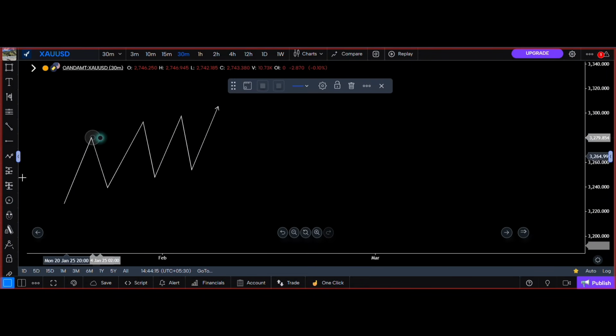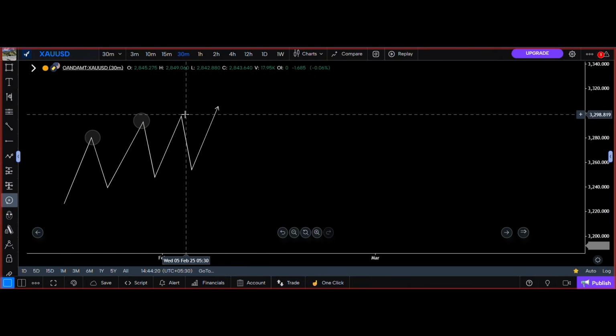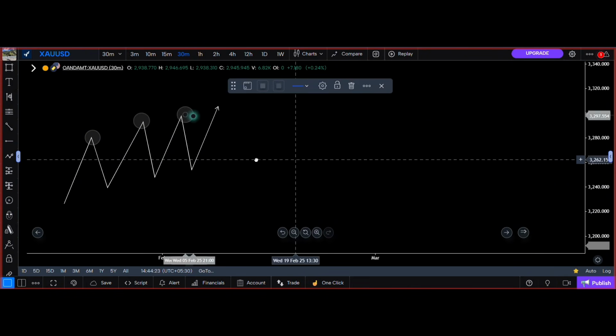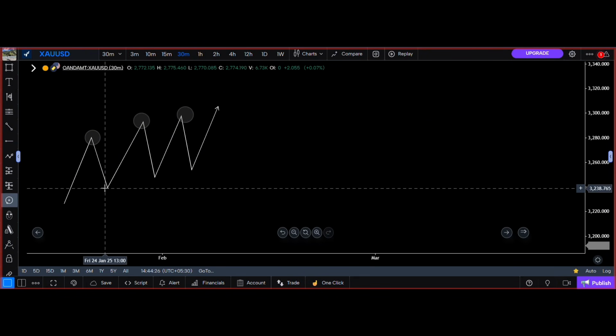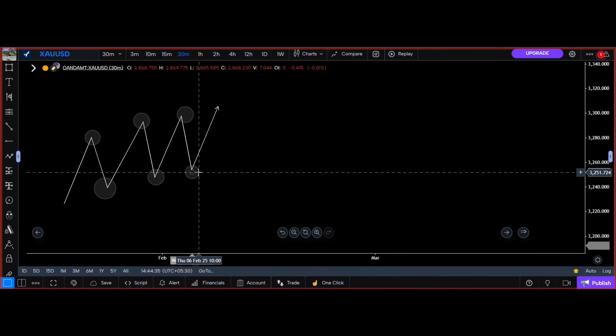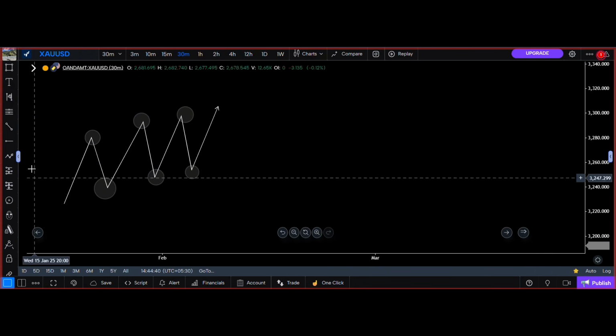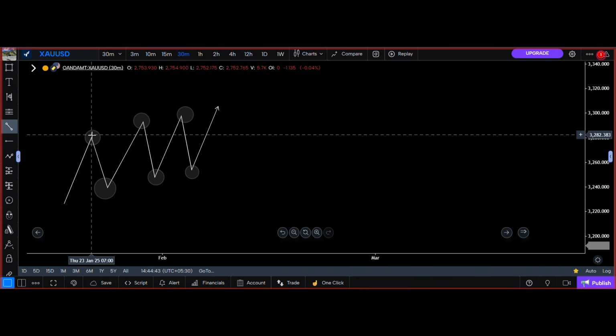This is our high, another high, another high. This is the low. Here we have another low, here another low. So what happens in a bullish trend in the daily time frame? The clean breakout structures.